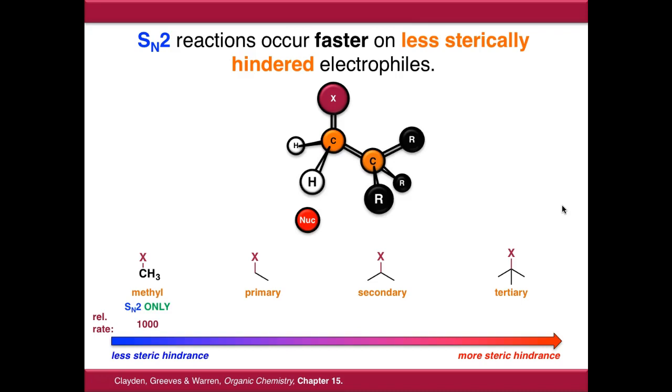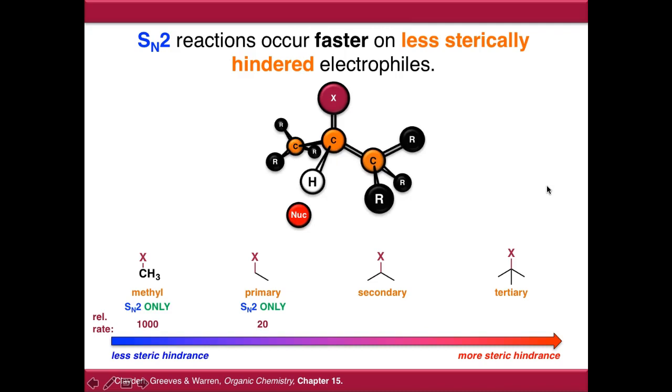If we now change for a primary electrophile, we've changed one of our groups from hydrogen to an alkyl group, which has introduced a certain degree of steric crowding around here. So primary electrophiles are more sterically hindered than methyl ones, and the rate reflects that. So the relative rate here is only 20, whereas before it was 1000.